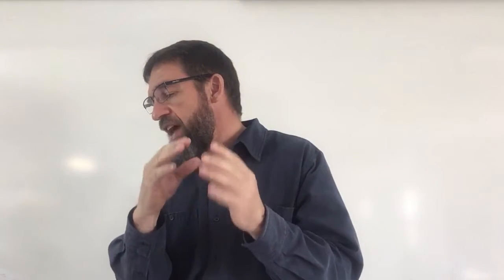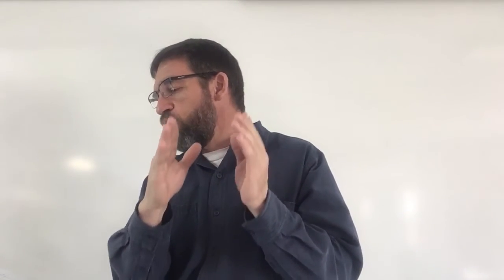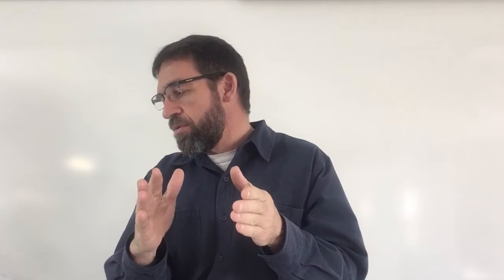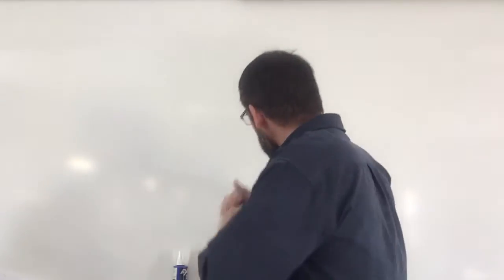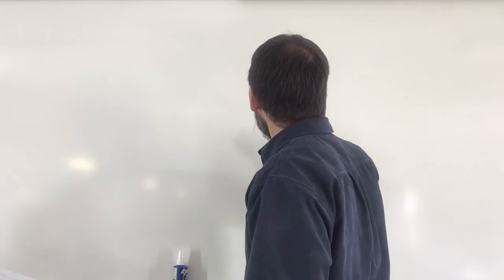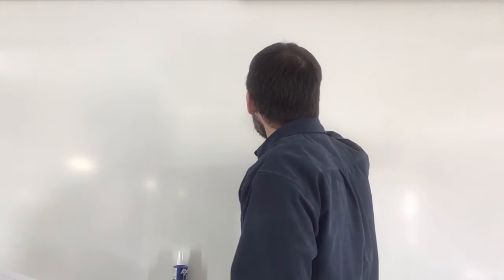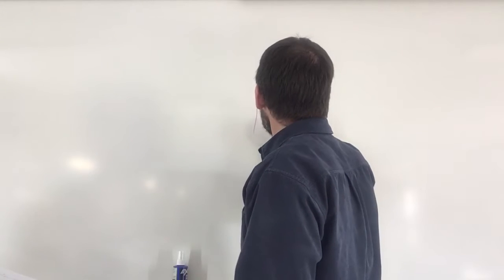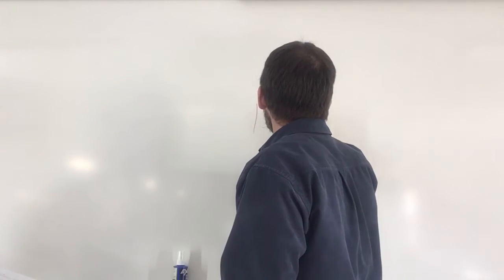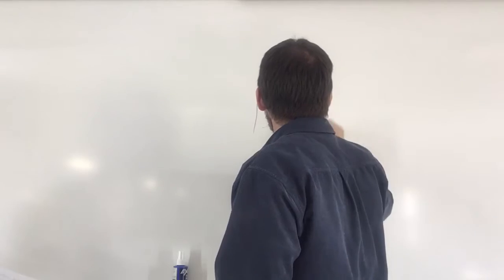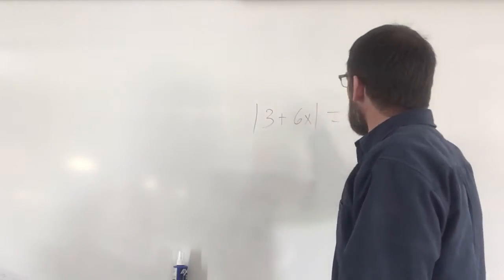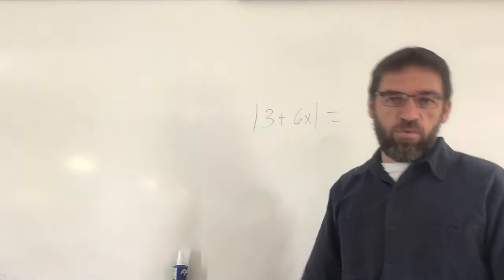Equations that have an absolute value equal to a negative number do not have a solution. They don't exist. There is no such thing. Okay? So let me give you an example. This is key. Absolute value of 3 plus 6x equals, this equal cannot have a negative number.